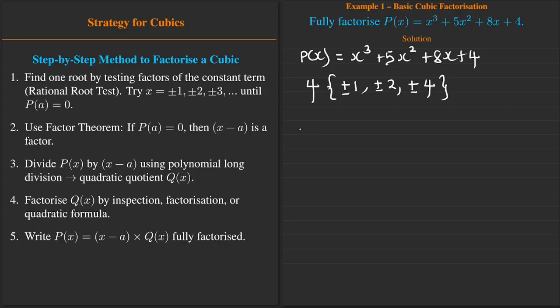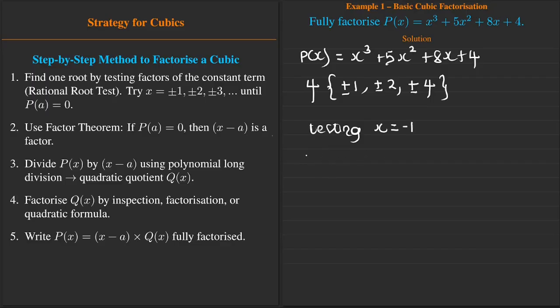So you start by testing for x equals one of the factors, plus or minus. Let's test for x equals negative 1 first to see if we get 0.